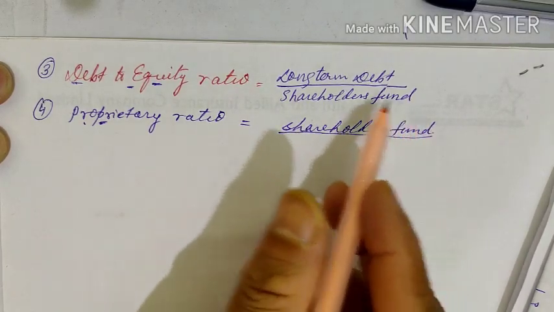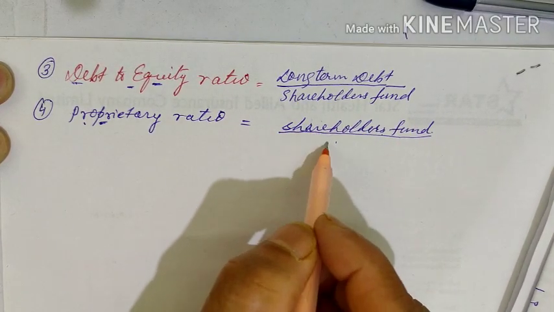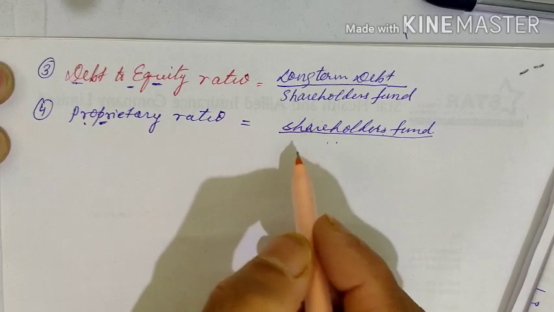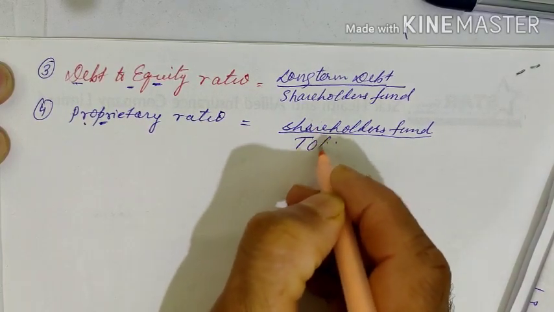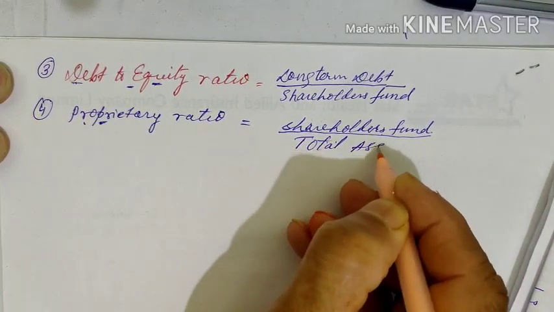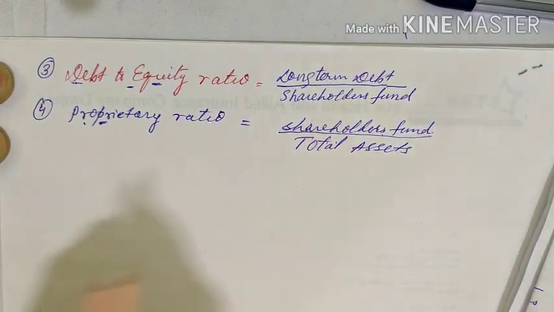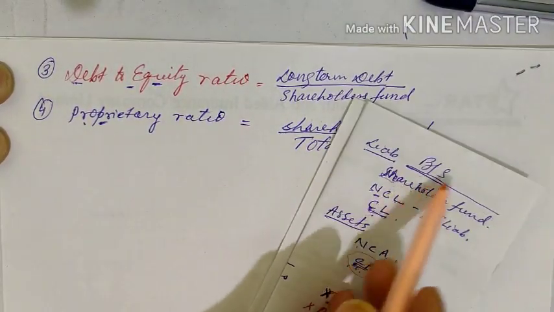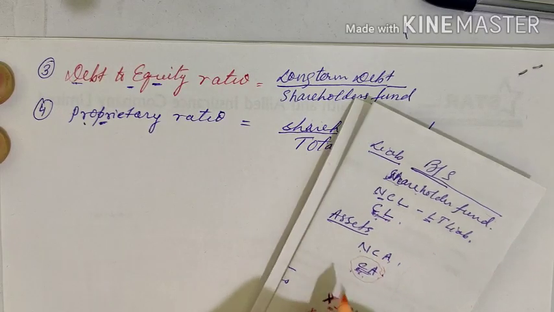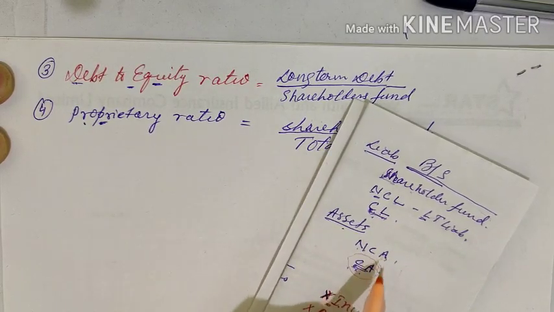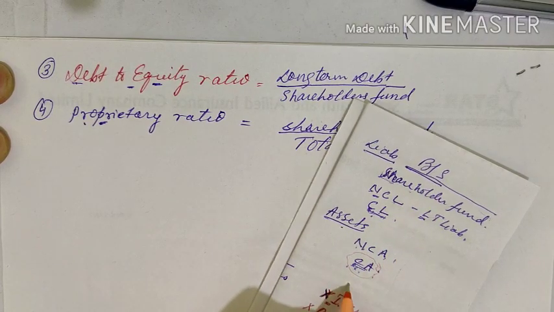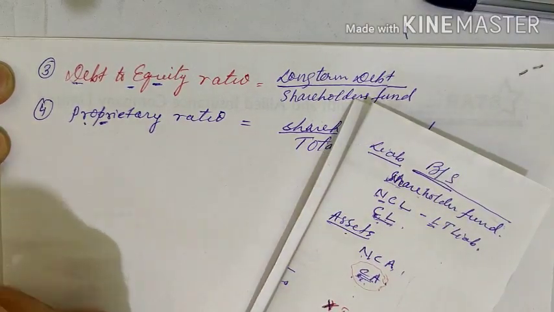Here the shareholders fund is a liability, and it will be expressed in terms of the assets. So here we'll be taking total assets. How do we get total assets? The total of the balance sheet is the total assets, or total assets means non-current assets plus current assets. So if you know the balance sheet, it's very easy to understand the ratio.